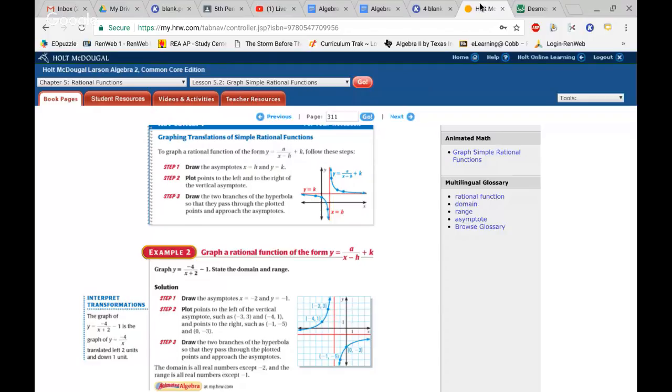So in this particular case, my vertical asymptote becomes x equals -2. Does that make sense? Yes. Because it's the opposite of what you think. But the k in this instance is -1, so it actually moves down 1. So my horizontal asymptote is going to be y equals -1.